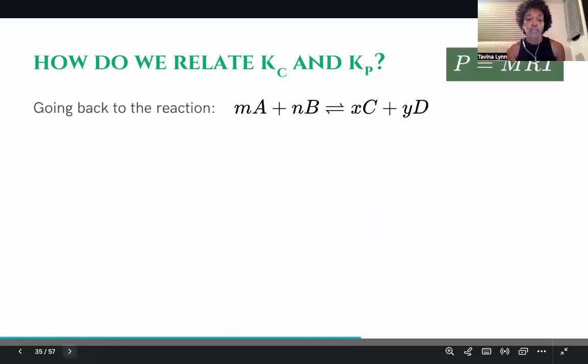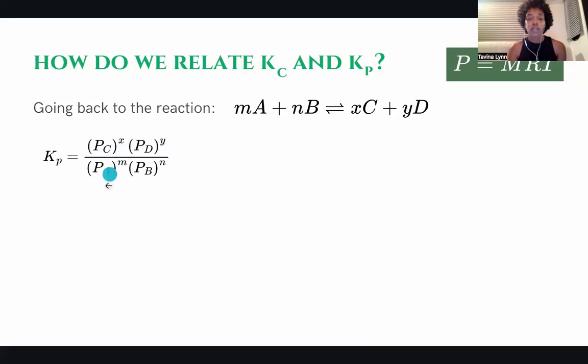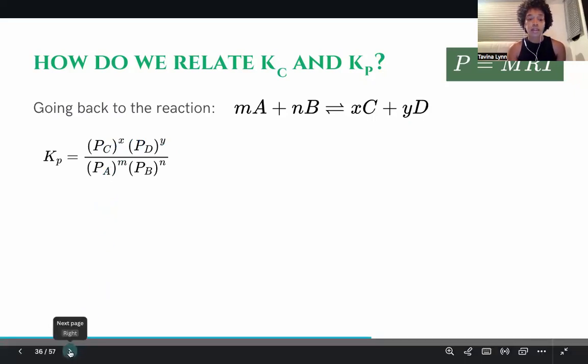Now let's go back to the example reaction that we've been looking at, and let's start with our equilibrium constant expression in terms of pressure, where we have the pressure of our products raised to their coefficients over the pressure of our reactants raised to their coefficients.